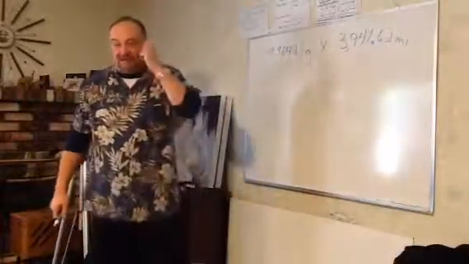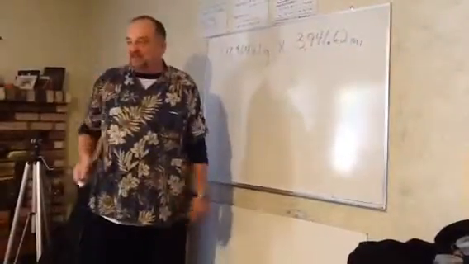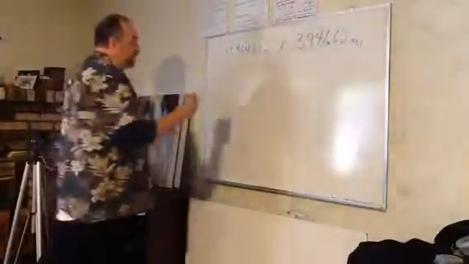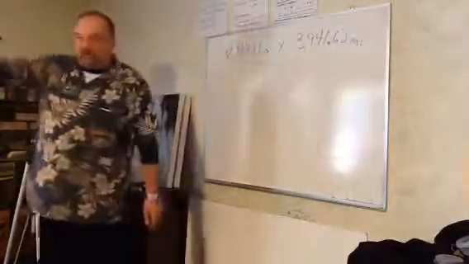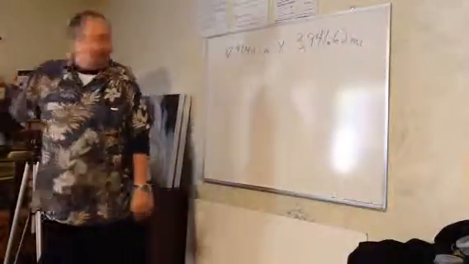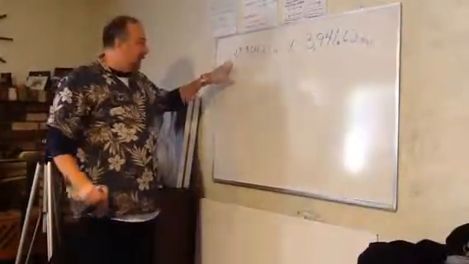The magic of lesson 210 lies in moving the decimal point to where there's just one number to the left of the decimal point. Okay?